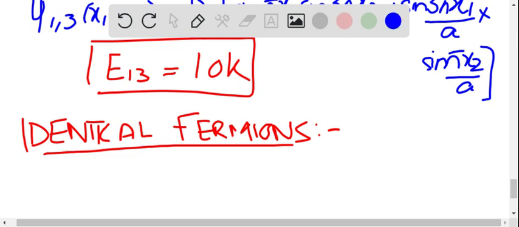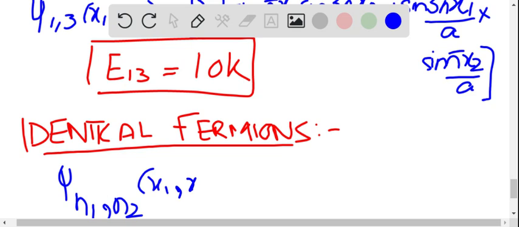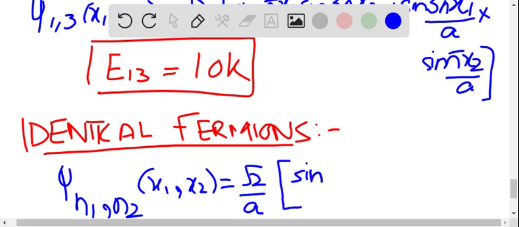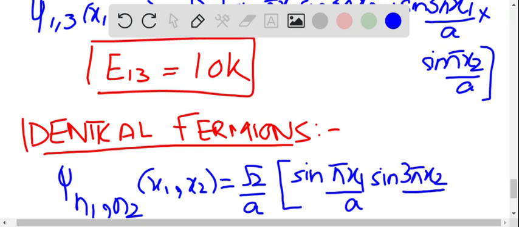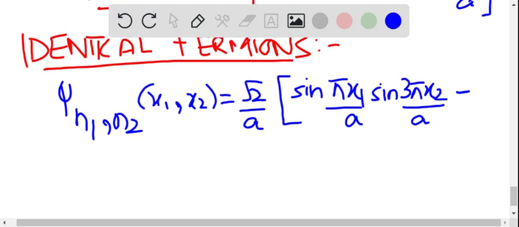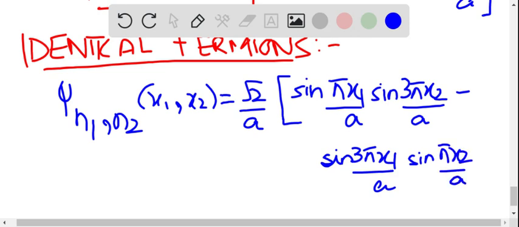So that would be psi n1, n2 of x1, x2 is equal to root 2 divided by a, square bracket, sine pi x1 divided by a sine 3 pi x2 divided by a, negative, again I'm running out of space over here, so that would be sine 3 pi x1 divided by a and sine pi x2 divided by a, right?